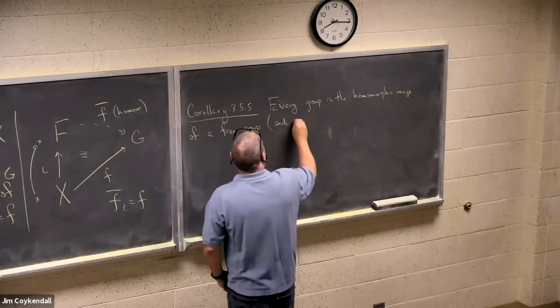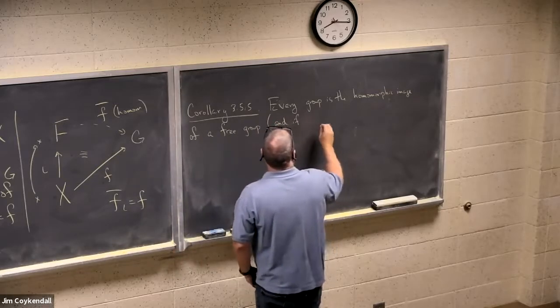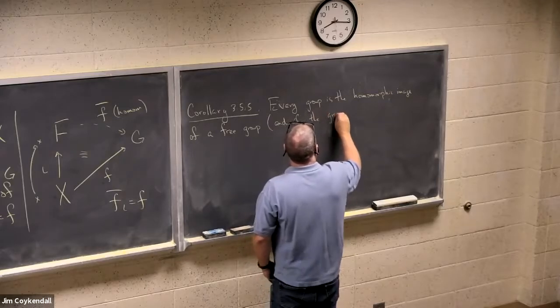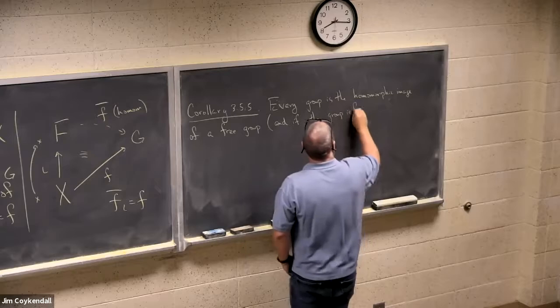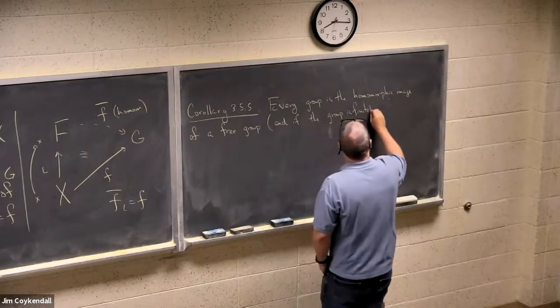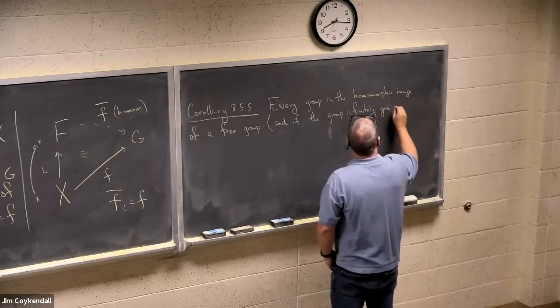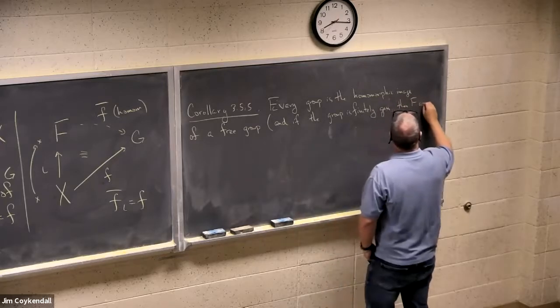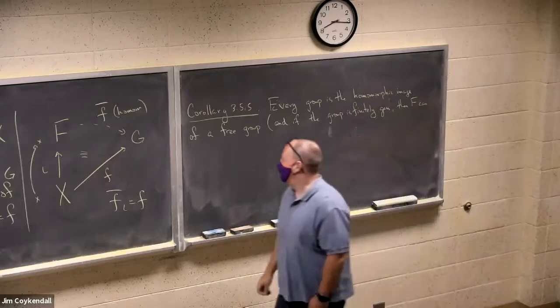And let me throw this in: if the group is generated by the image, then f bar can be chosen, doesn't have to be chosen.